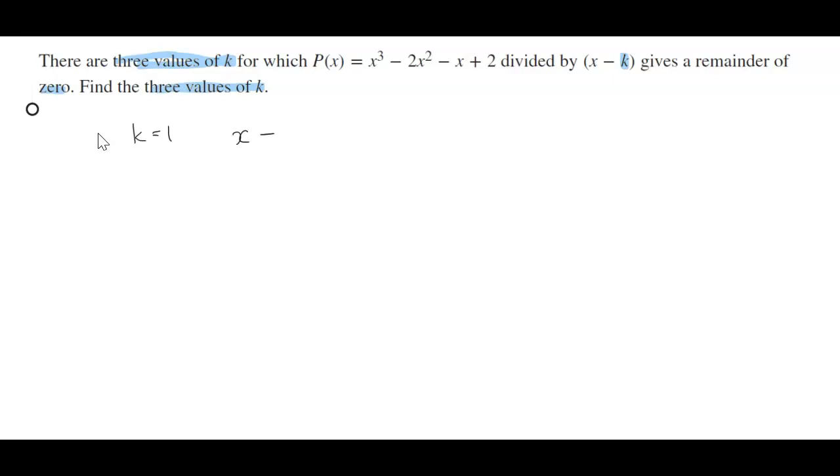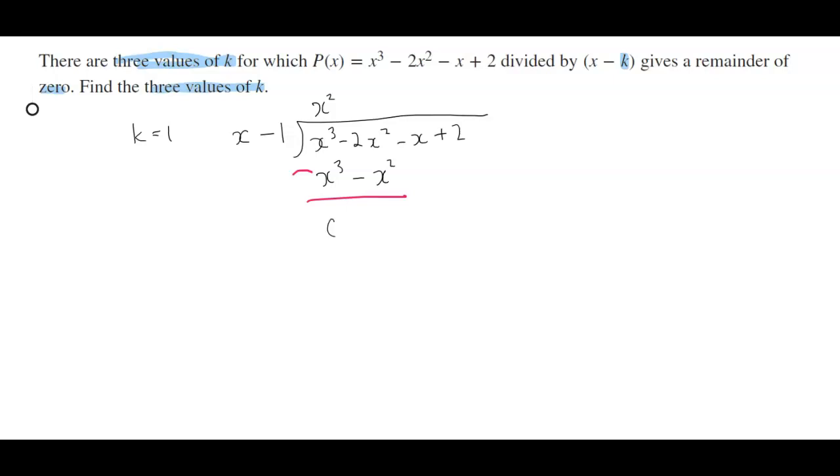So we're going to do x minus 1 into x cubed minus 2x squared minus x plus 2. All right, so we're going to divide that in. So it's going to be x squared. I probably should pause the video when I do this, shouldn't I? Hopefully I don't make a mistake while I'm talking, so I might just quickly check that.